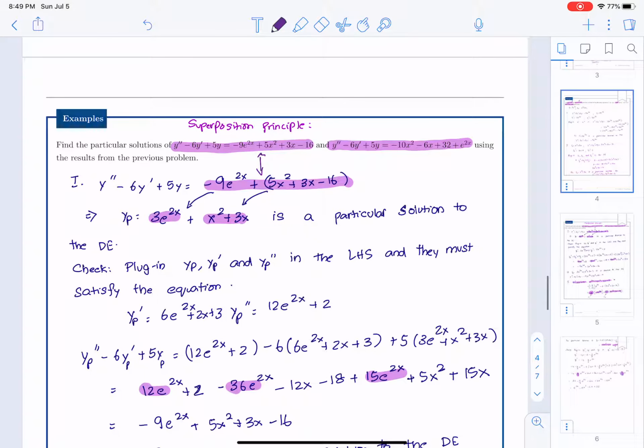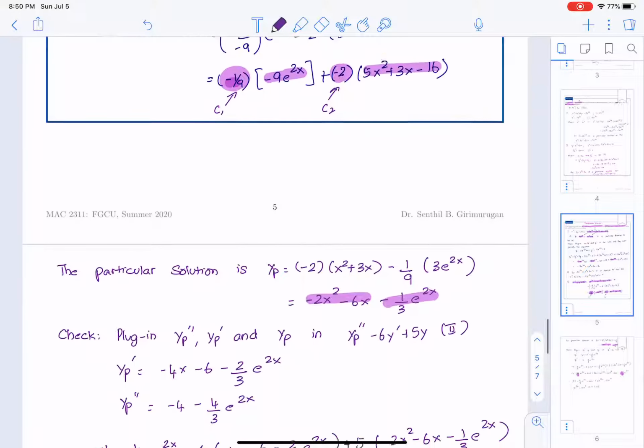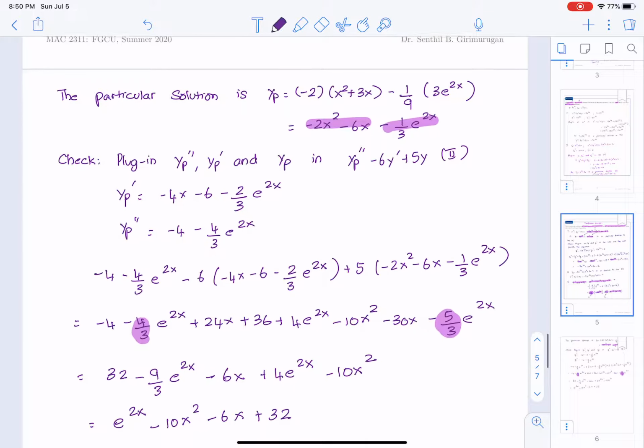The right-hand side here is a specific type of linear combination. I take negative 1/9 of the first solution and negative 2 of the second solution, because we have negative 1/9 of the first right-hand side part, negative 2 times the second right-hand side part. So I combine the solutions with the same proportion, and I end up getting this to be the solution.